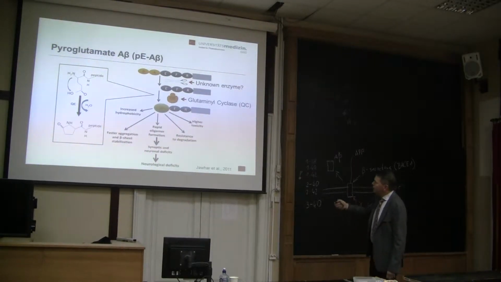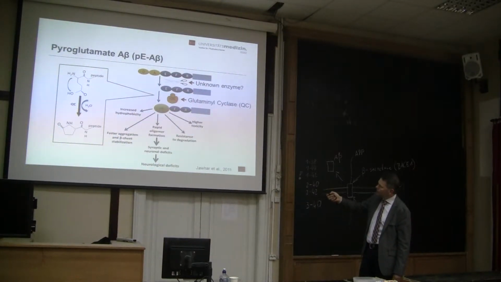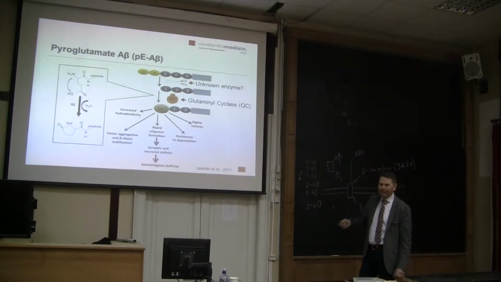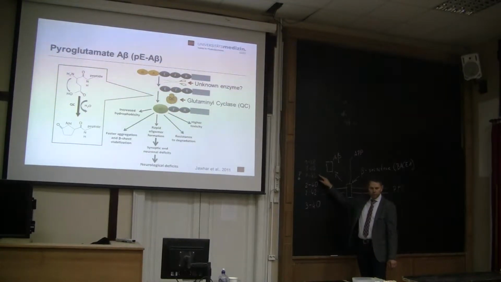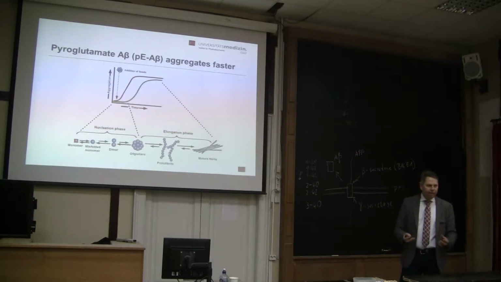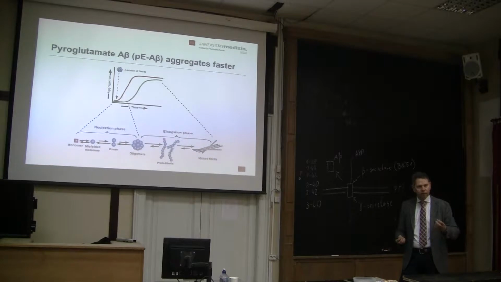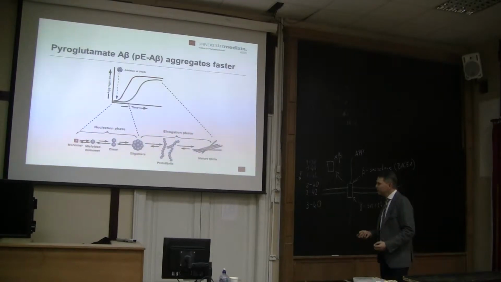These peptides are generated by an unknown enzyme at position 3, then another enzyme cyclizes this, and apparently what he claims is that these peptides are even more toxic than Aβ 1 to 42, because he claims these peptides aggregate much faster. And when something aggregates much faster, you have faster soluble oligomers, which are more toxic to neurons. So that might be a problem.